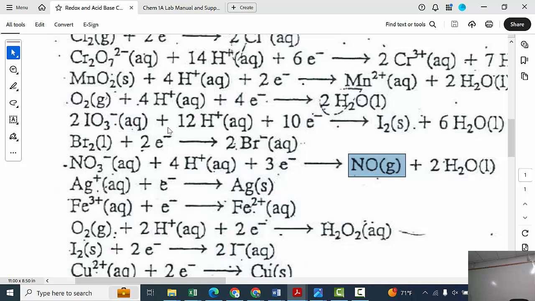But here, I have to take a look. There are certain things I can do as far as ranking goes. So both of these are the same, but the difference is between NO and NO2. What do you think is going to be a stronger reducer, NO or NO2? NO2 is not on this chart.